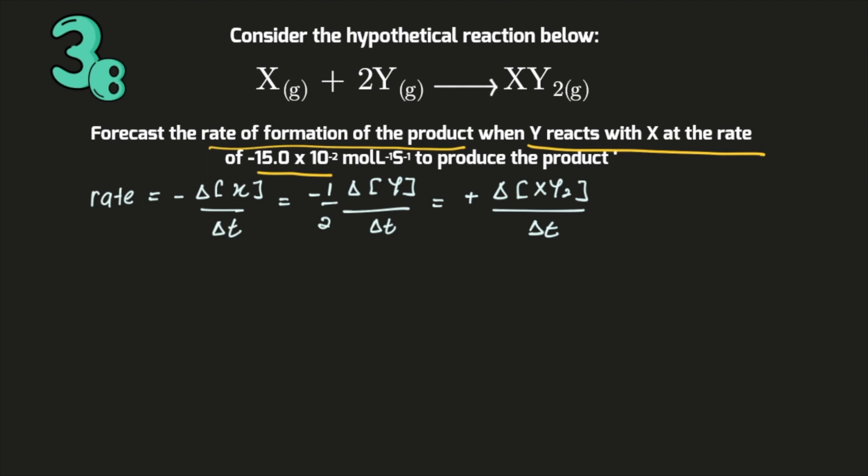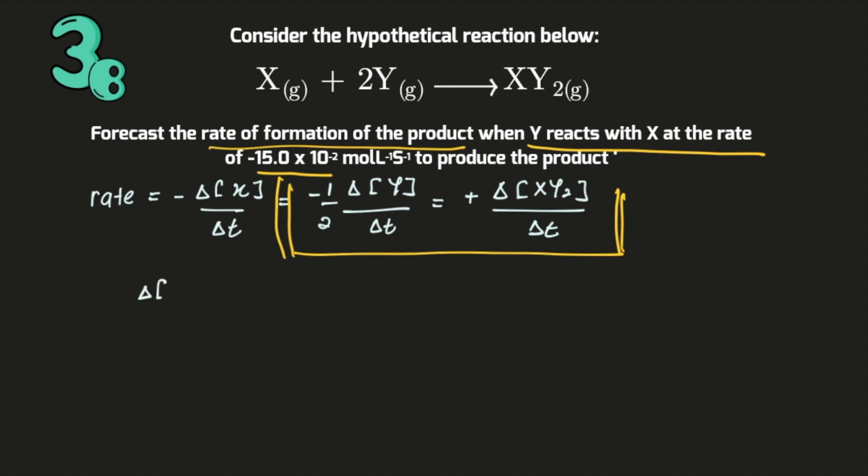It means that in this rate expression, these two things are very important to be looked upon. So what I'm going to do now is write this expression again so that it is easier for us to do the calculation.